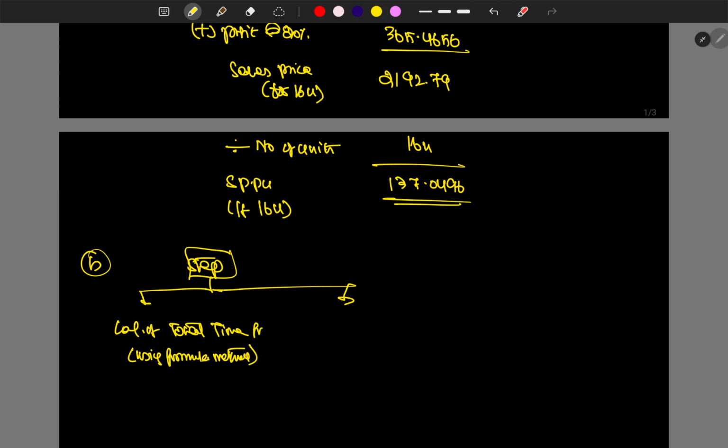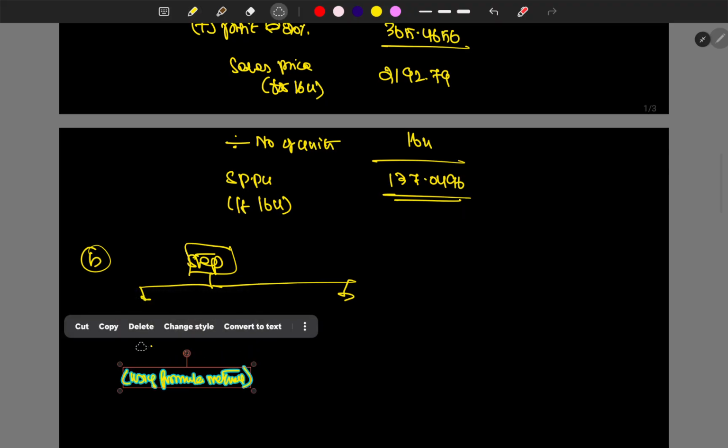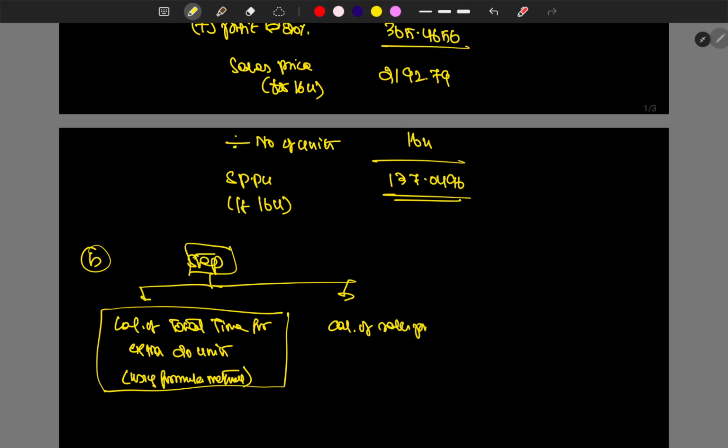Total time for the extra 20 units, right? Then the calculation of the sales price for the extra, which is the additional 20 units.